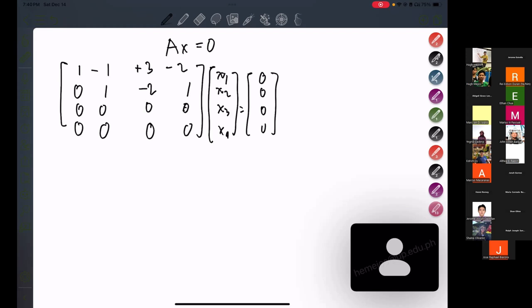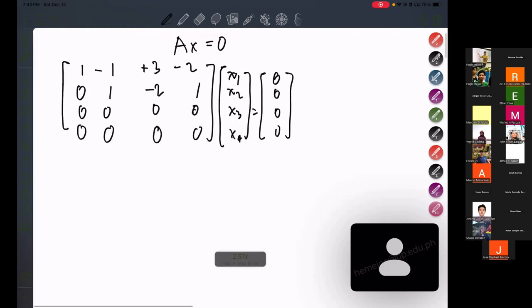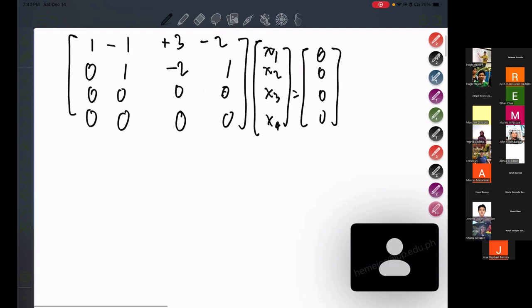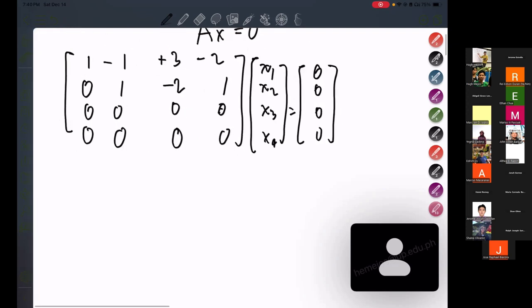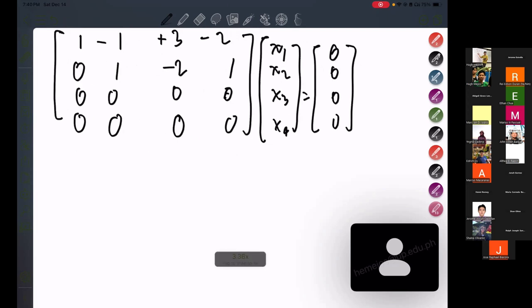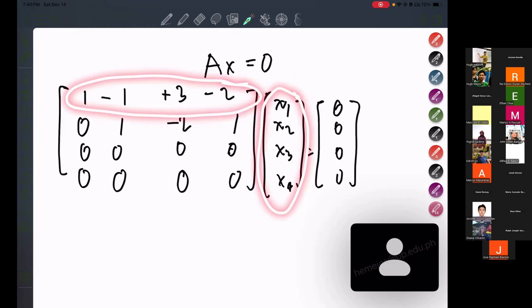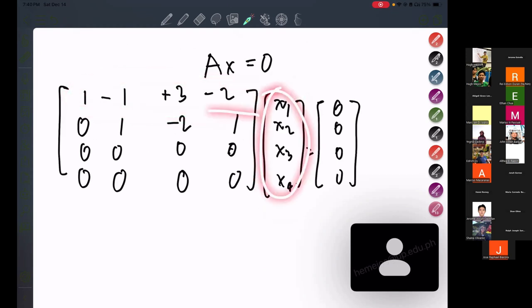Since we know it's two dimensions, we're targeting that there will be two vectors in the basis of the null space. So our final answer will be in terms of two variables. Let's first lay out what the matrix multiplication per row looks like. This we multiply to this, and this we also multiply to this.